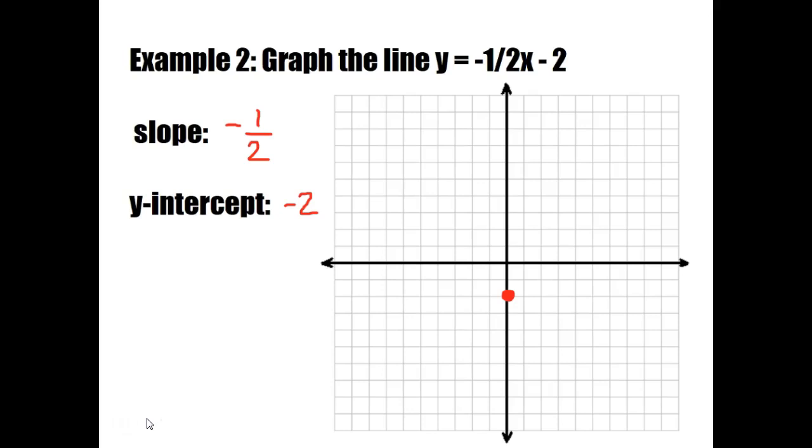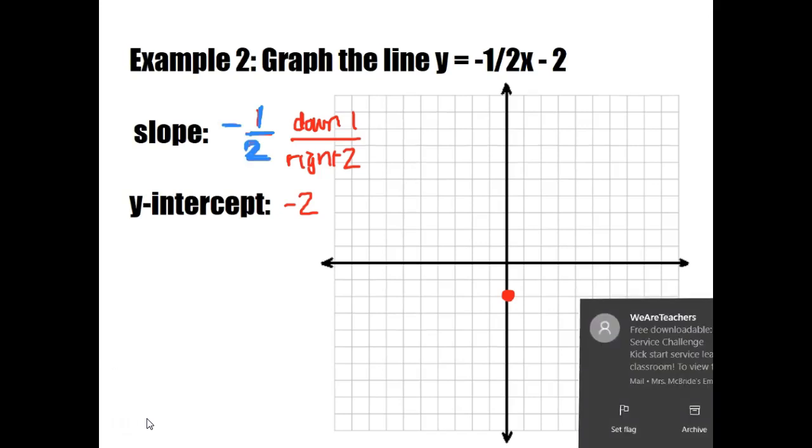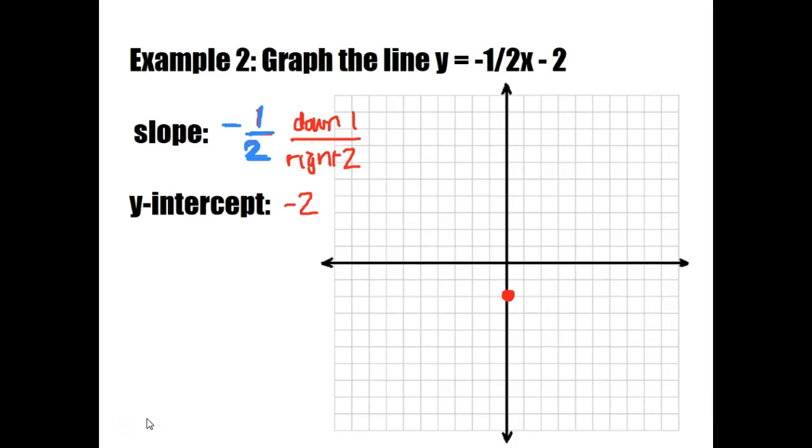So this in words is down 1 and right 2. So from my y-intercept, I'm going to apply my slope and go down 1 and right 2.